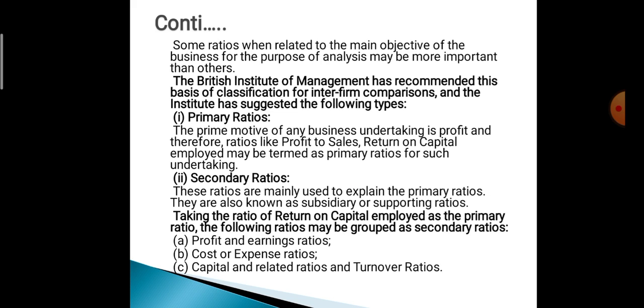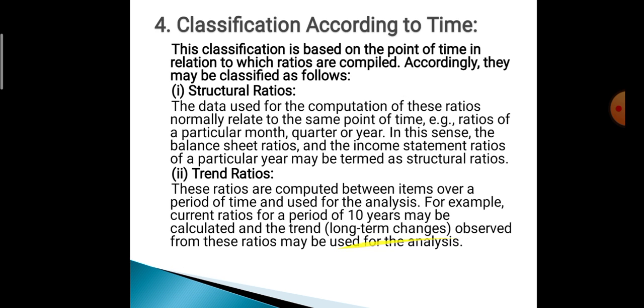They are also known as subsidiary or supporting ratios. So, taking return on capital employed as the primary ratio, the following ratios may be grouped as secondary ratios: profit and earnings ratio, cost or expense ratio, capital and related ratios, and turnover ratio.